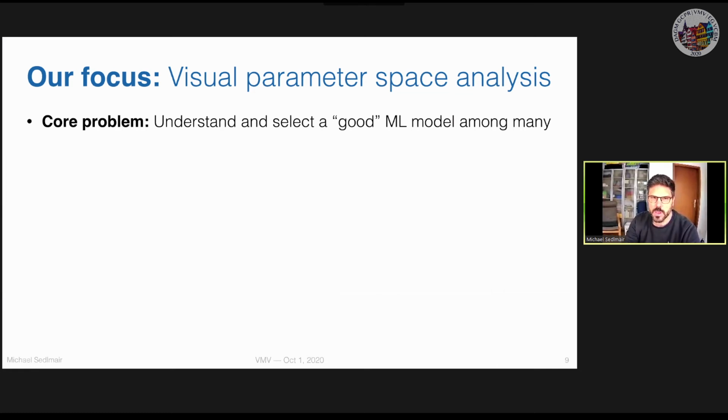We're working on solutions that are more agnostic to the type of models, more outside, working with ensembles of different models. We called it visual parameter space analysis. The core problem we're dealing with in terms of machine learning is that we want to understand and select a good machine learning model among many other models.